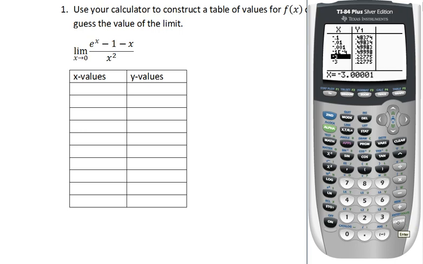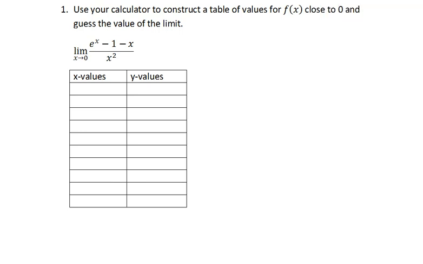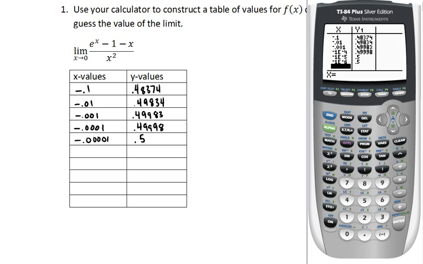That should be sufficient. And so let's write down what we have here. Okay, so I put in some extra values, 5 zeros, 6 zeros, and a 1 as we're approaching 0, but I'm only going to use 5 of them here. And we can definitely see though that we're approaching a limit of 0.5 as we move in from the left.